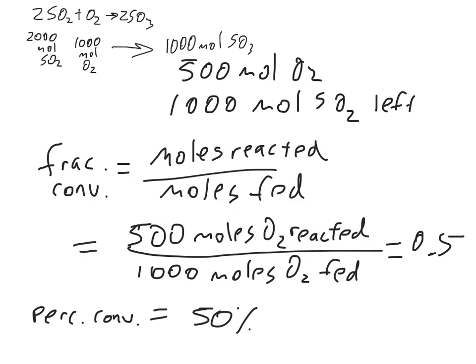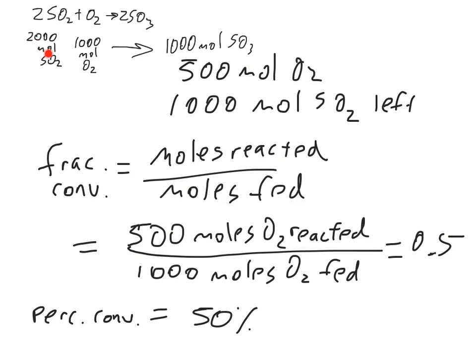Let me end with one or two more comments. In this case, it didn't matter which one we used. If we had taken SO2 and plugged it into this equation, we would have gotten the same number. Sometimes in a problem statement, you may be asked to find the fractional conversion of the limiting reactant. In that case, we would have to determine which is the limiting reactant, SO2 or O2.